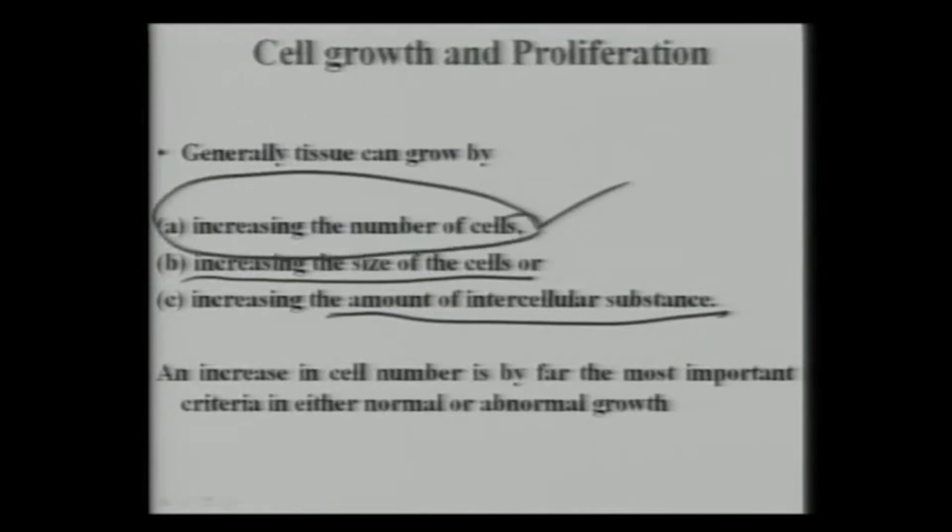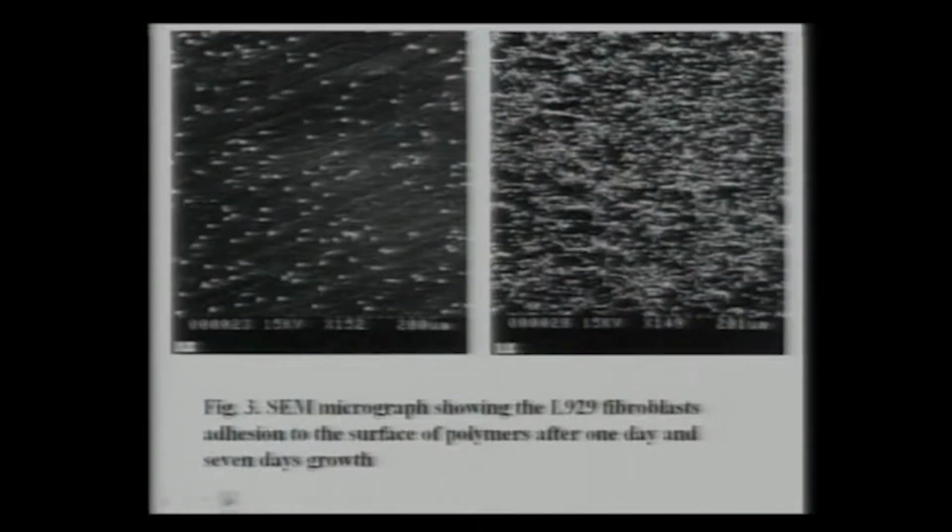What has been stated here is that when any process is accompanied by an increase in the number of cells, that increase is important because it tells you that cells are in the growing stage, that cells are proliferating. Now, cell proliferation or cell growth also takes place over a certain time duration.